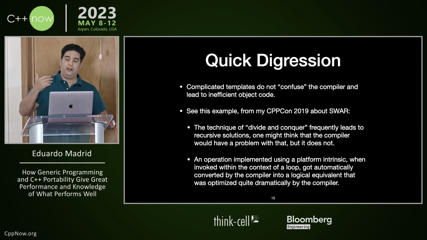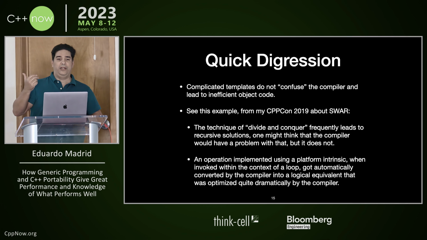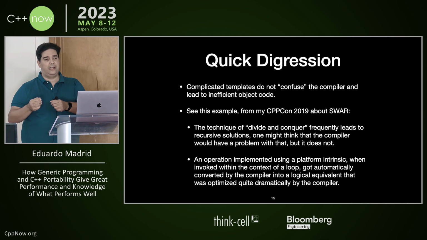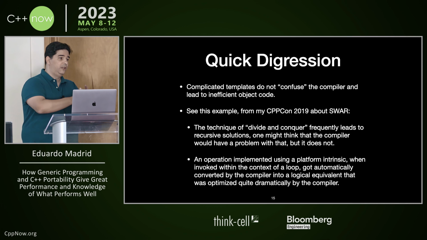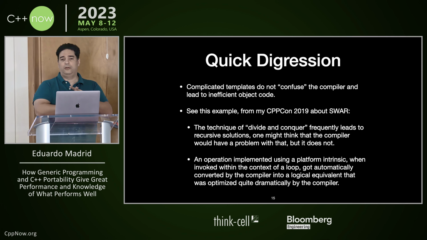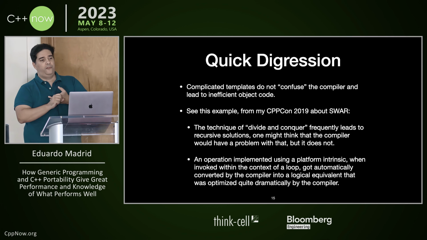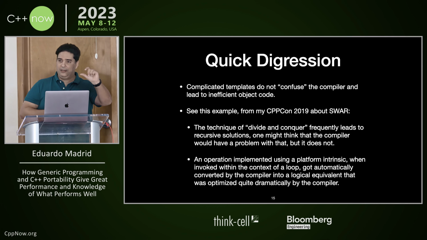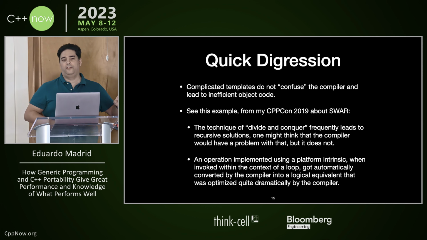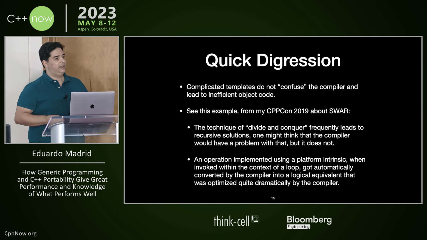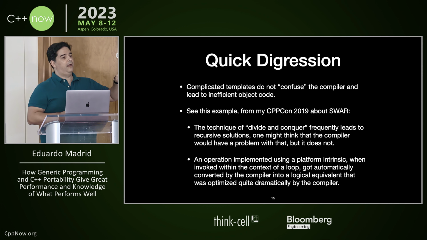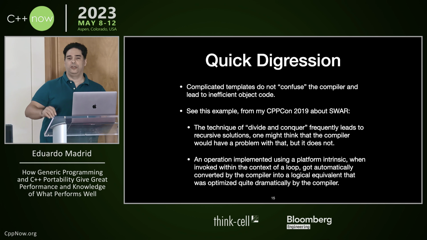Not only did it compile to something efficient, but the compiler was so aware of what was going on that it did auto-vectorization and automatically unrolled the loop, multiplying the performance of that very critical loop I was benchmarking by a factor of 20 over what I expected, which was to invoke a platform intrinsic of population count.